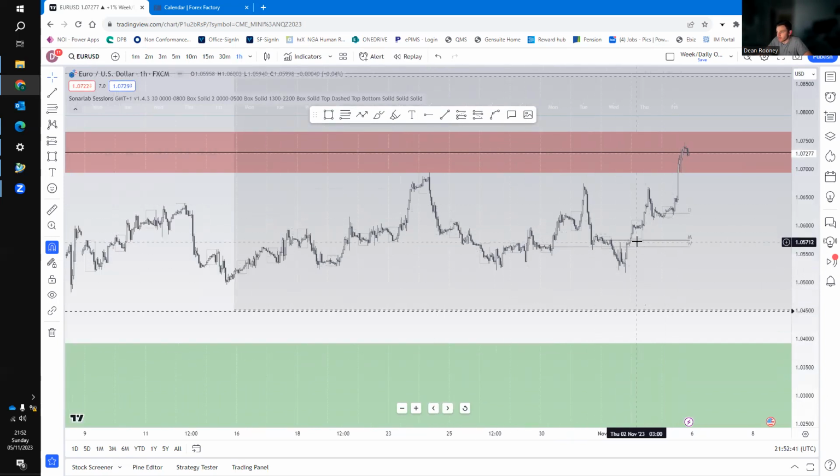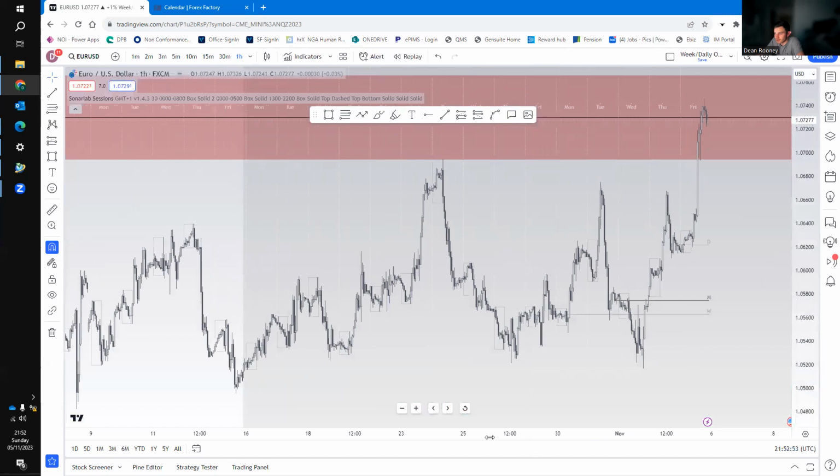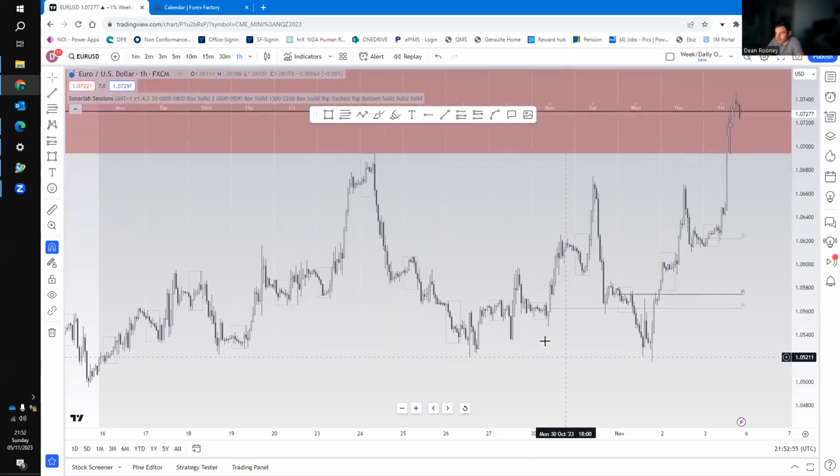That was Friday, Thursday, Monday here. So we had these levels that I was watching. I took a long on Monday. It was actually in here.